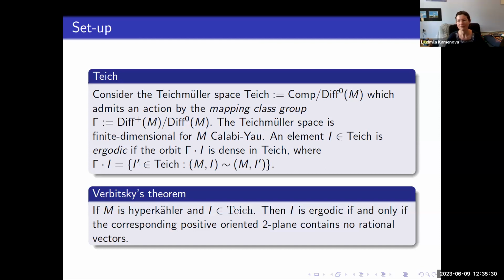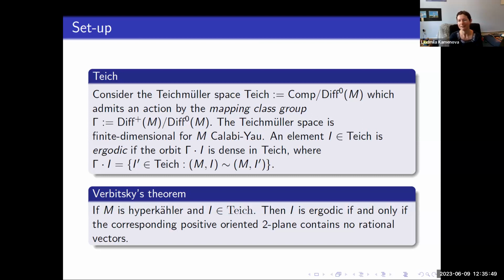So then you have the two-plane generated by sigma and sigma bar, where sigma is the non-degenerate holomorphic 2-form associated to this fixed complex structure, and sigma bar is its complex conjugate.